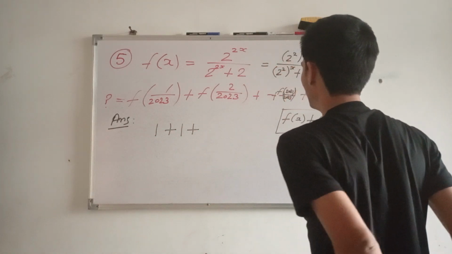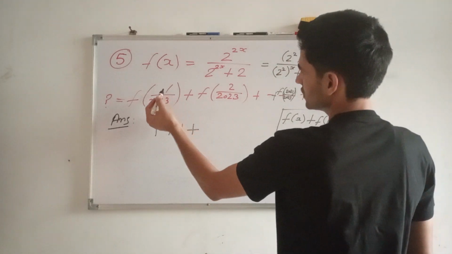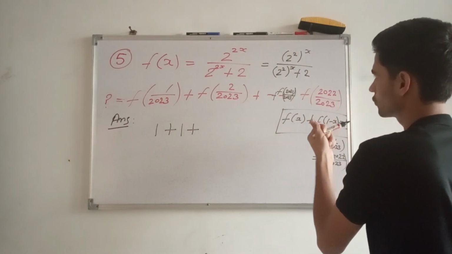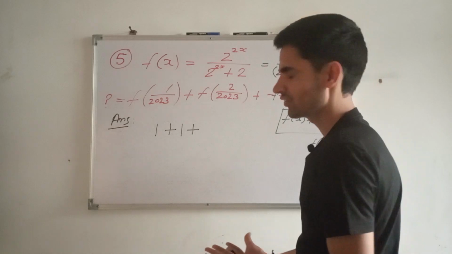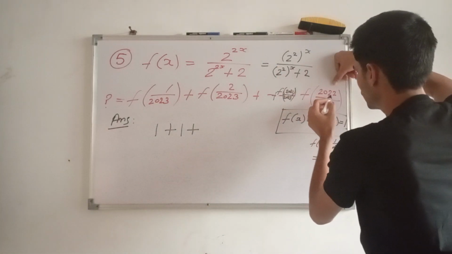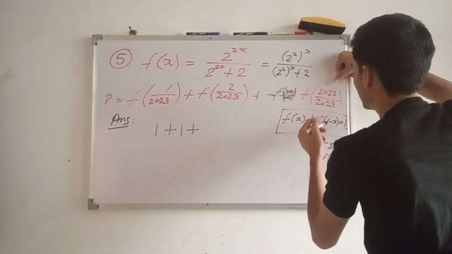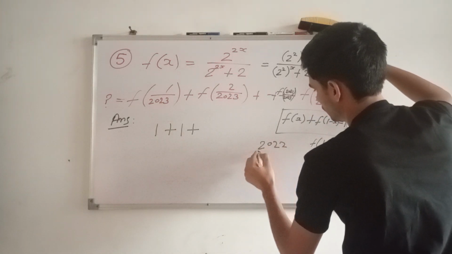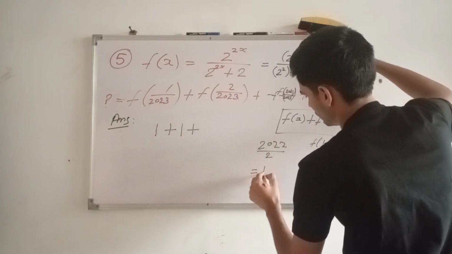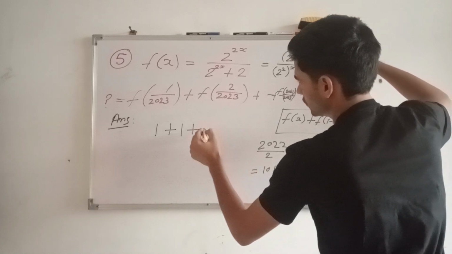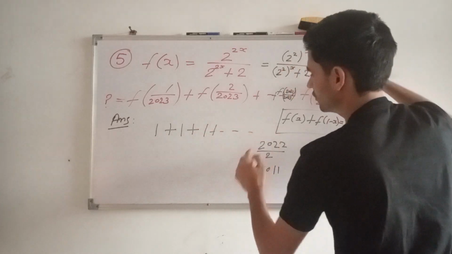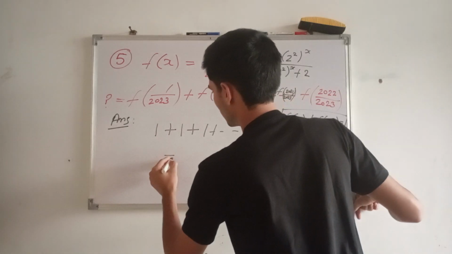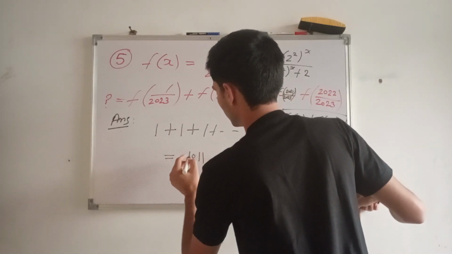Now how many times will this repeat? This is starting from 1 and going to 2022. Now the terms will become half of it. Right now the terms are 2022, then they will become half of it, that is 2022 upon 2, which is 1011. So this 1 will be written 1011 times, which will become 1011.